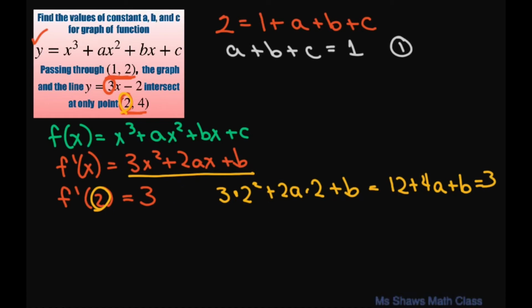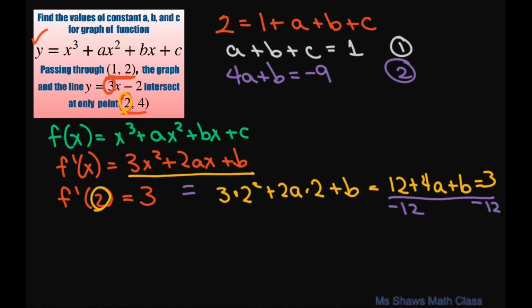So when we simplify, we get 4a plus b equals negative 9. This is going to be equation 2, and I just subtracted 12 from both sides here.